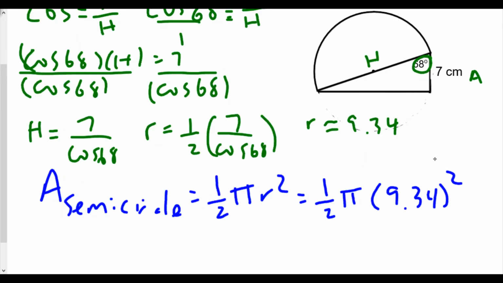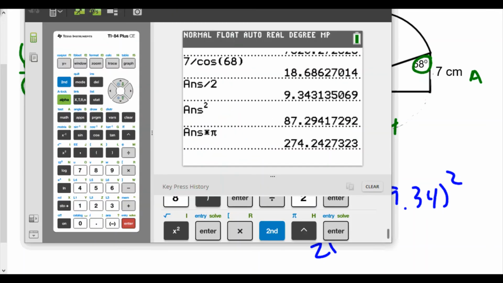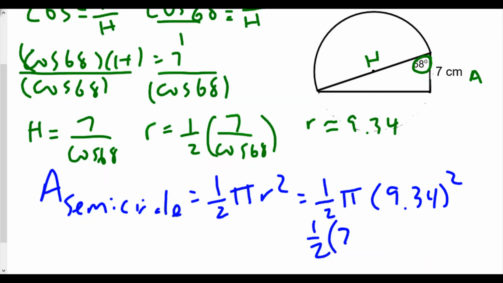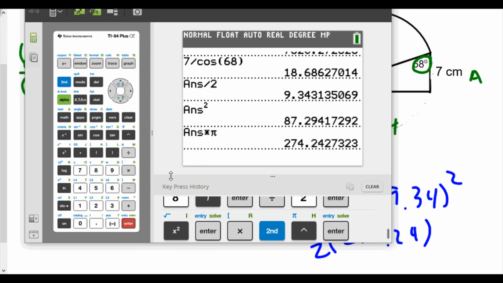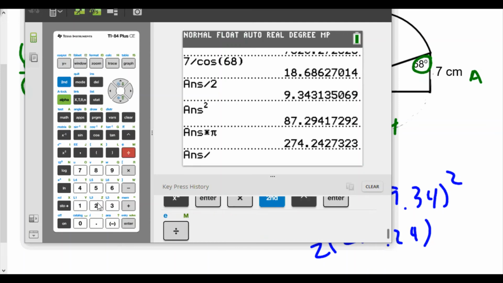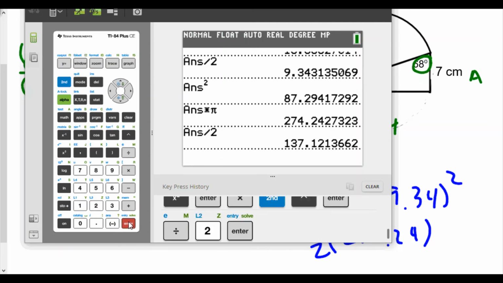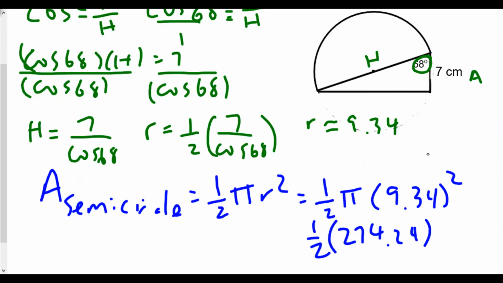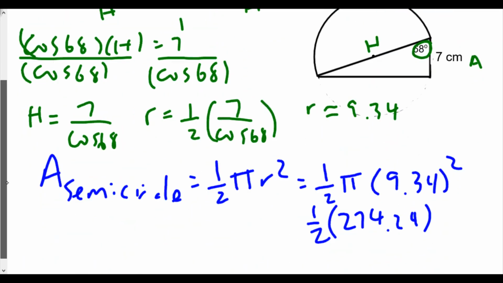So in this case, the calculator says about 274.24. About half of this, dividing by 2, is 137.12. Now we're looking for the nearest tenth.